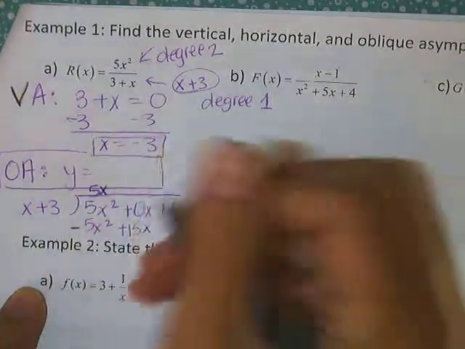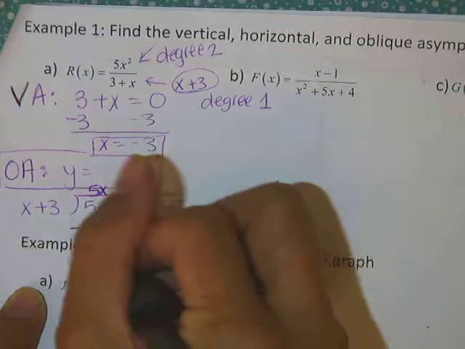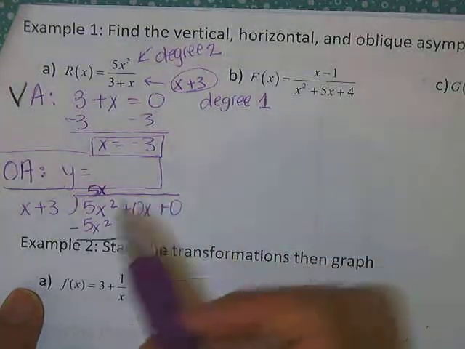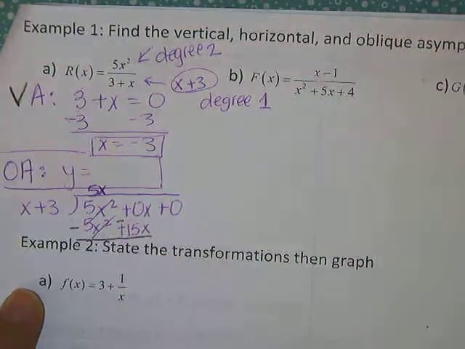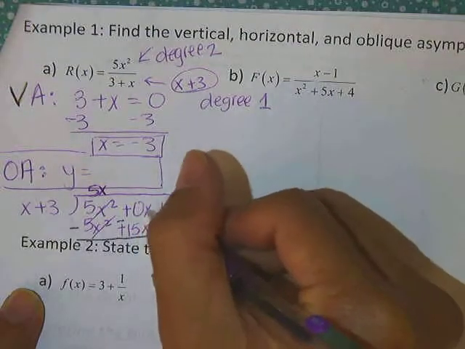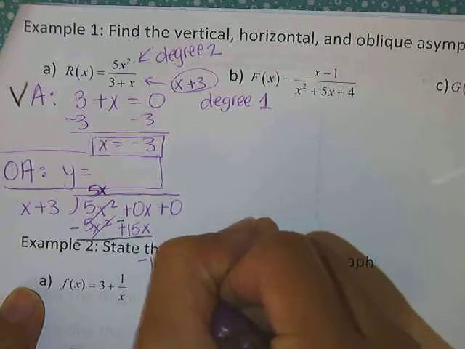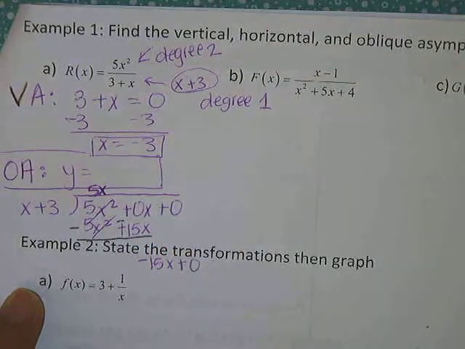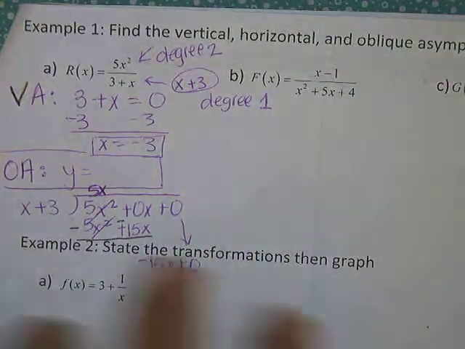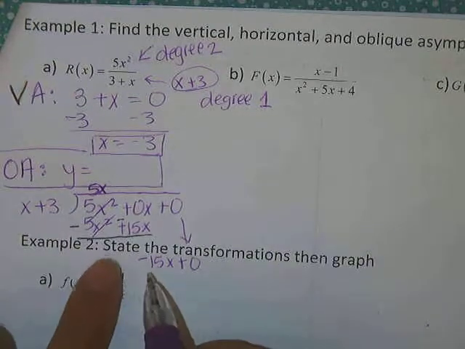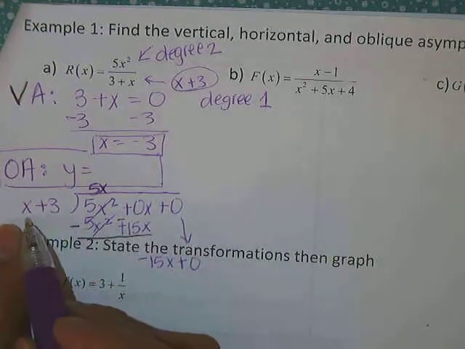And remember, we have to change all of the signs, so this is now a negative, and this is a negative. And we're going to combine these. The first two will always cancel. I now have a 0x and a negative 15x, so that's going to give me a negative 15x here. Bring down my 0.